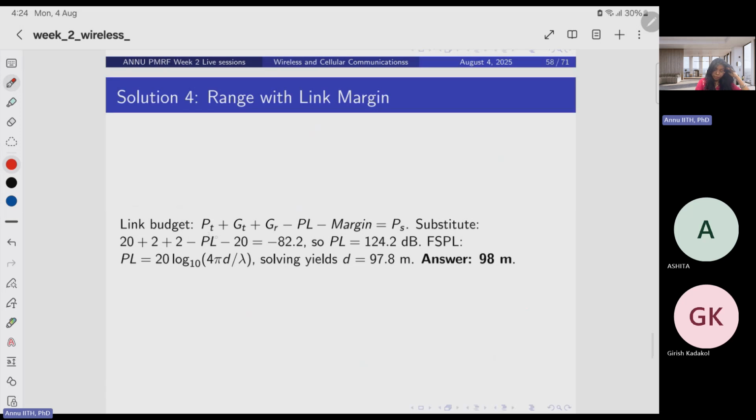Link budget: PT plus GT plus GR minus path loss minus margin is equal to PS, the receive power. PR, sometimes it is called PS. The receiver sensitivity, when added with PN plus SINR, is PS. Sometimes it is called PR, the receive power. Both are exactly the same. Substitute this one, and the path loss is this one. The free space path loss is this one. Solving it, we will get this.